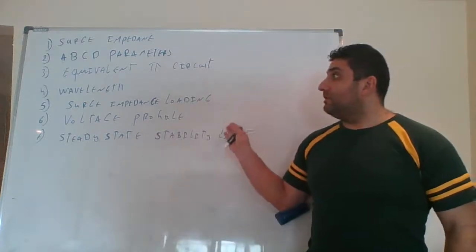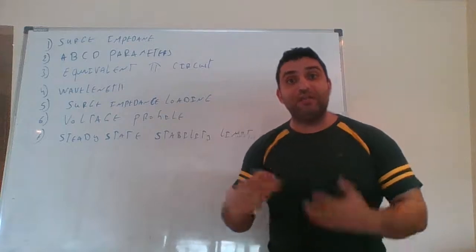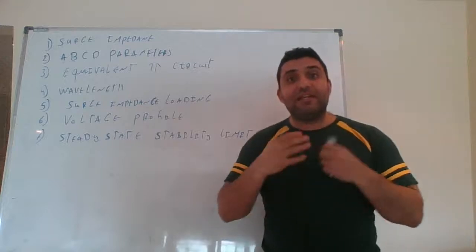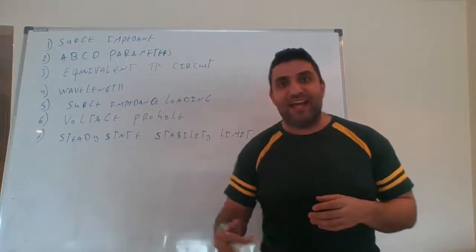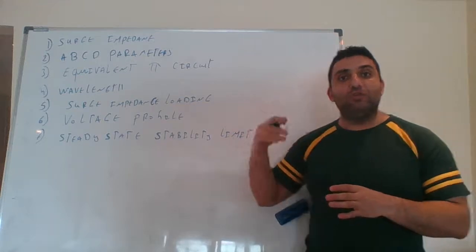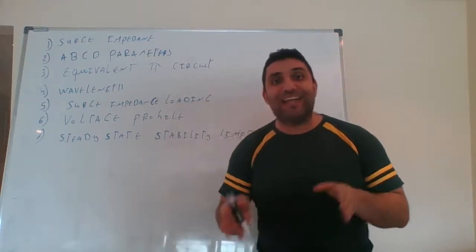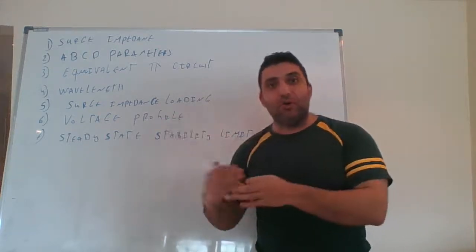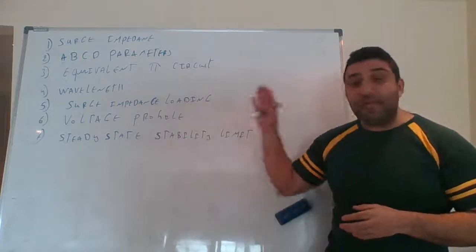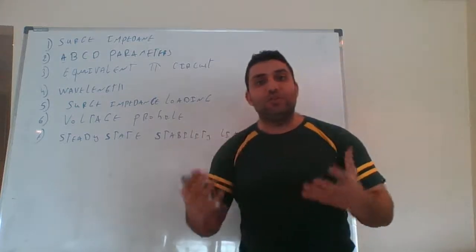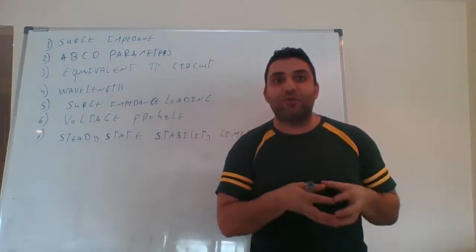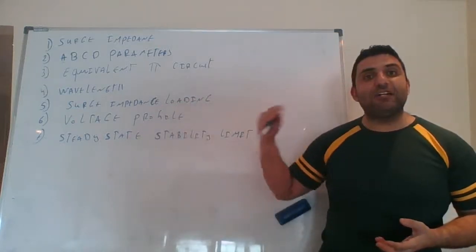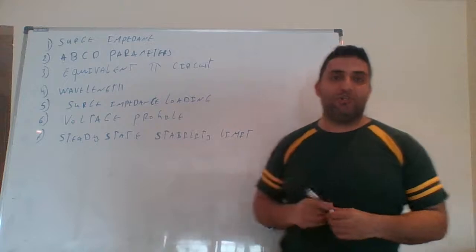So the concepts we are going to learn today are simplified because of the lossless condition of the line, which means it is acceptable to use them as hand calculations to do a quick assessment of my transmission line at the initial stage of the project, the pre-design. And then I can use complex or advanced computer software tools to complete the detailed analysis and design of my transmission line system.